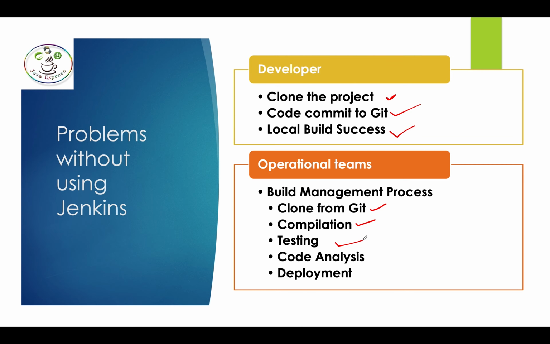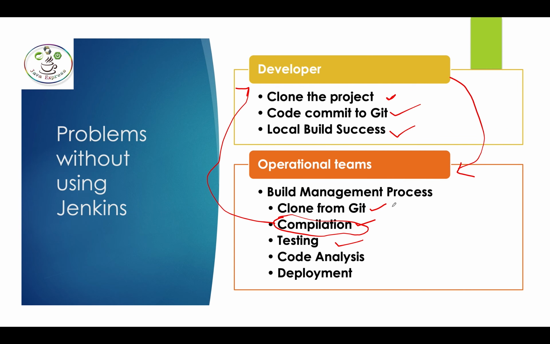While compiling, suppose any issues happen at this stage, for example any dependency issues at the operations side. What will they do? It goes back to the developer. The developer will make the changes and again send it to the operational team.